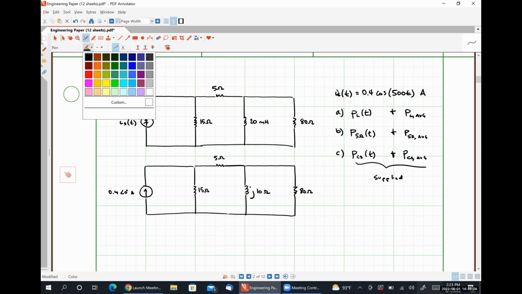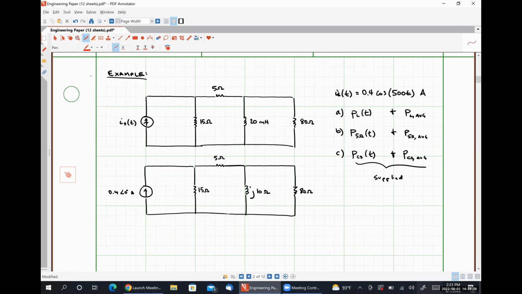So for our inductor in part A, if we know either this phasor voltage or this phasor current, we can solve for both the instantaneous power and the average power.